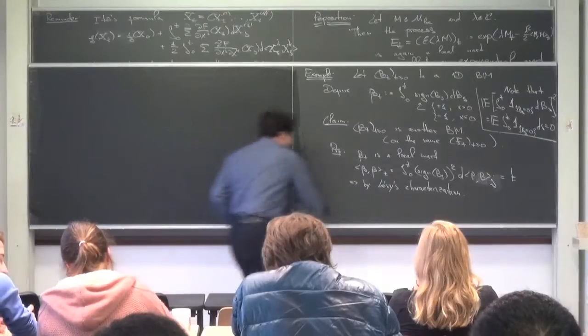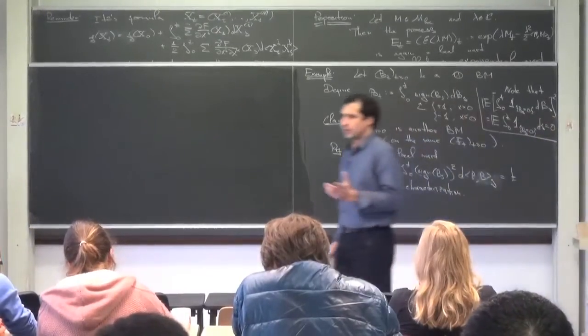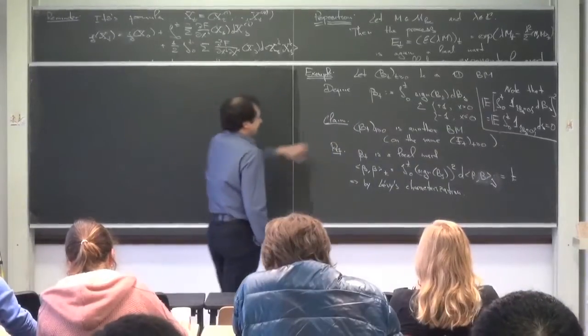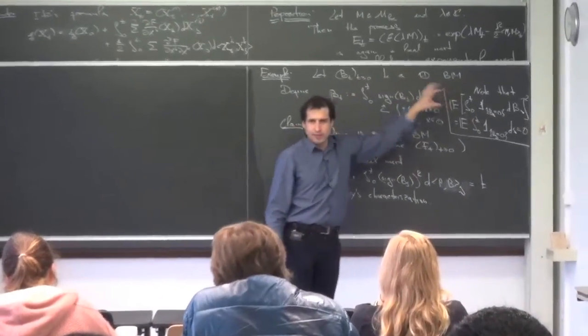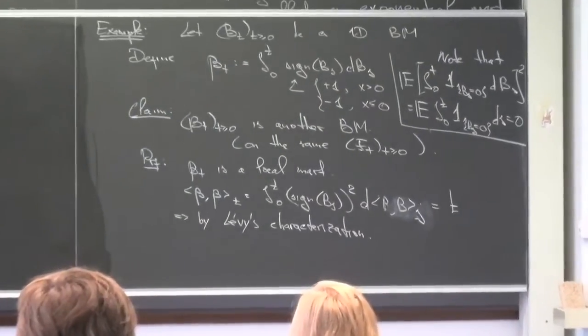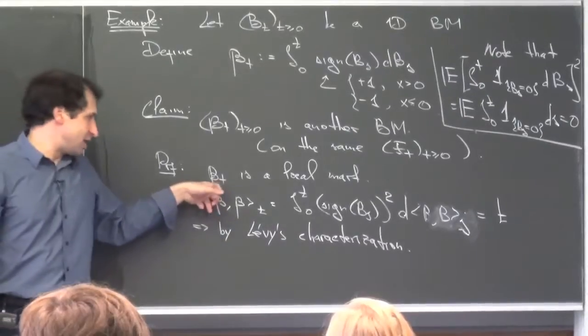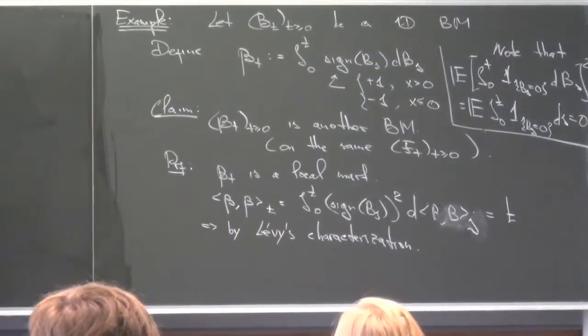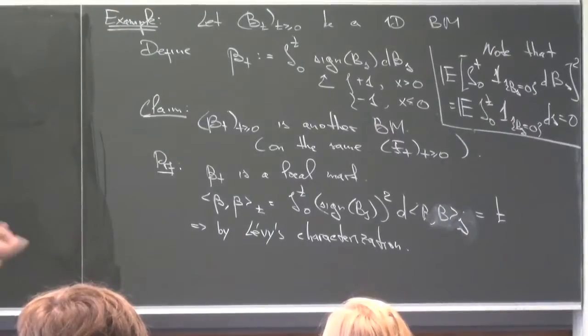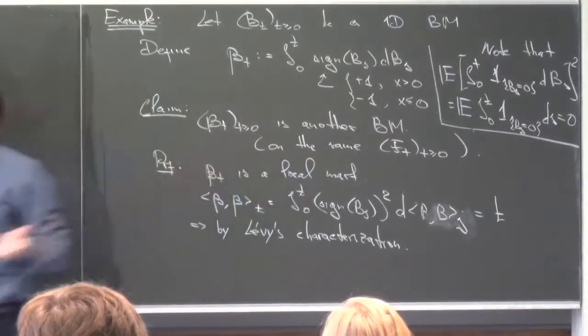The idea is just to have some intuition. So I had some Brownian motion, I constructed something else by this formula, then I claim again this is a Brownian motion on the same filtration. And actually you will see in the exercise sheet that it's defined on a strictly smaller filtration even. But okay, what does this construction mean?